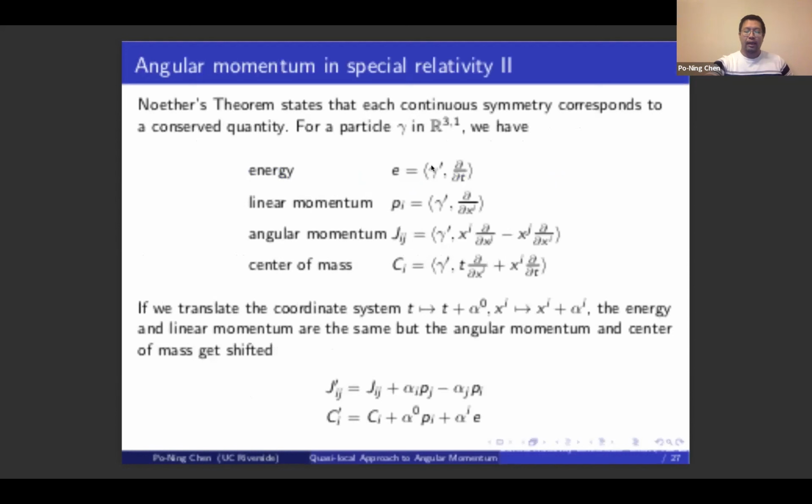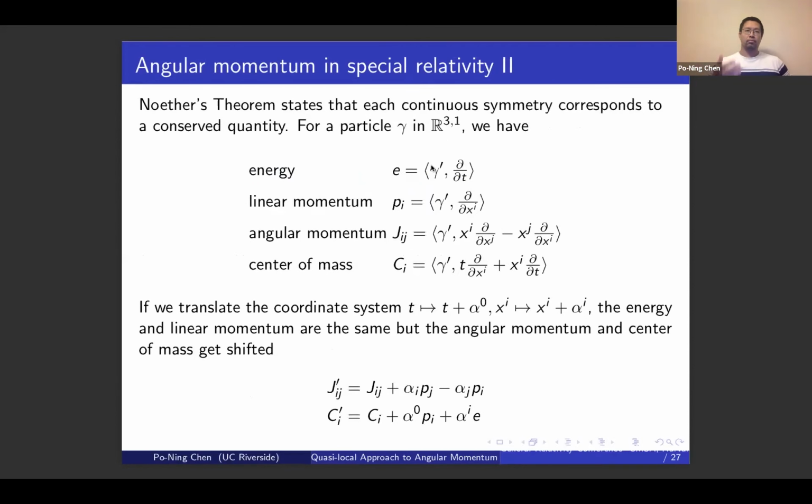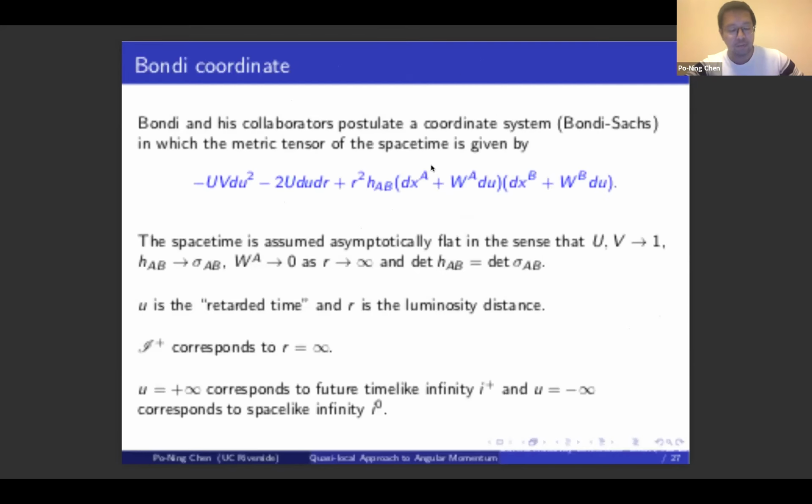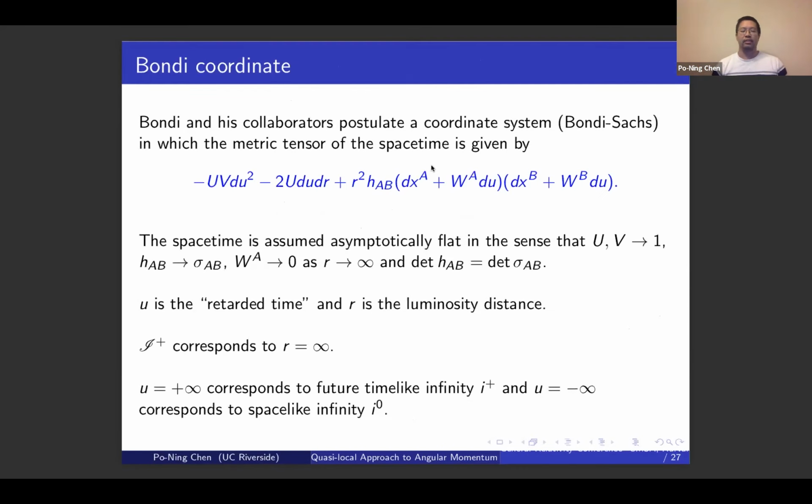Now, how do we handle this in general relativity? In particular, if we want to focus specifically on null infinity, how do we describe null infinity in general relativity? There are many possible approaches. In this talk, we will focus on the Bondi coordinates, mostly for computational simplicity.